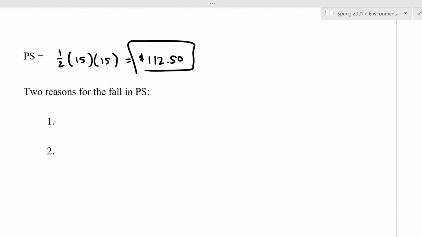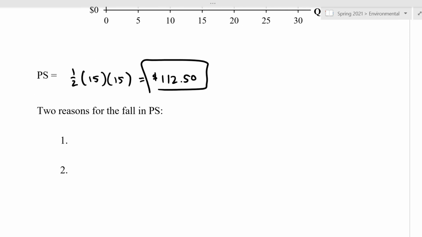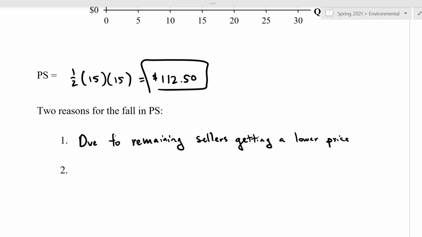Similar to what we had in consumer surplus. So reason number 1 for a fall in producer surplus is due to remaining sellers getting a lower price. And reason number 2 is due to sellers leaving the market.